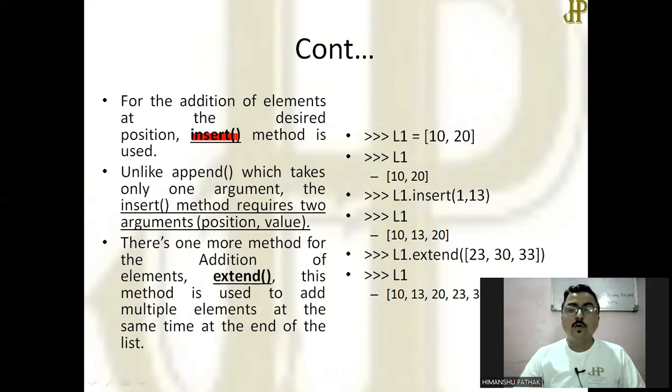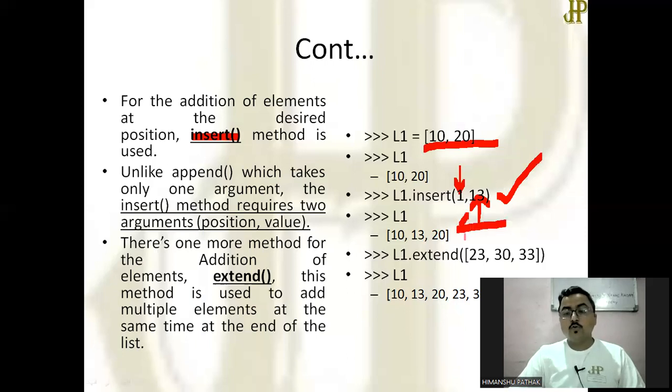But here you can insert at a particular position. And the second argument will be the value or the element. So here L1 is equal to 10 and 20. Now I want to insert at the 1th position the value 13. It will execute without any problem, and if I print it, it will show 10, 13, 20.